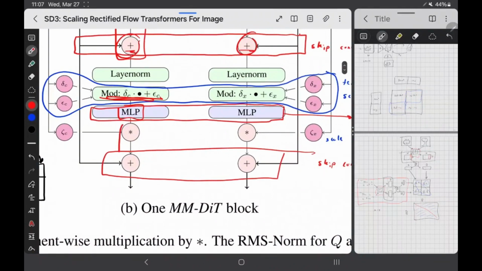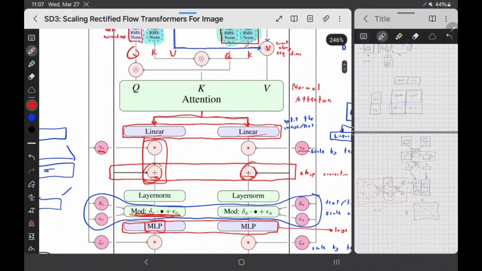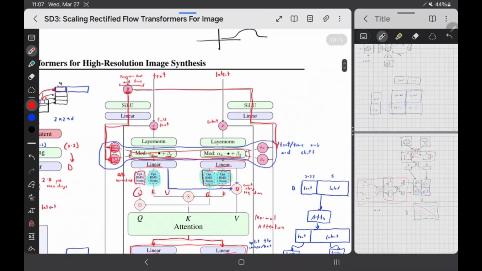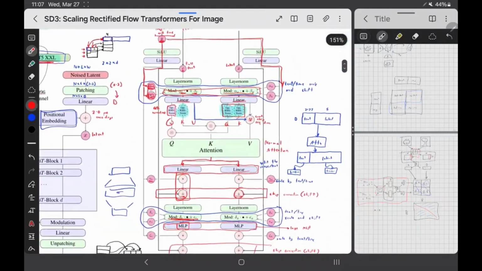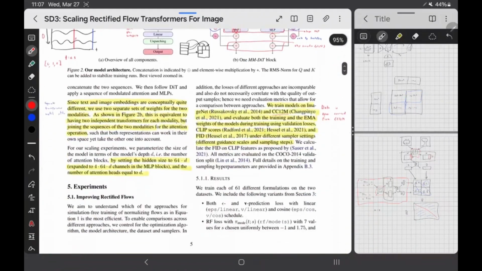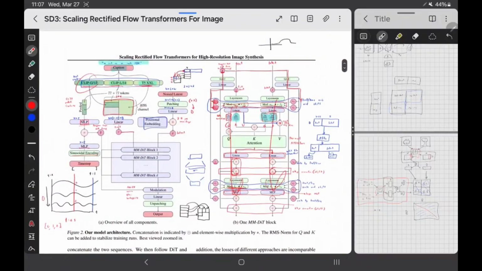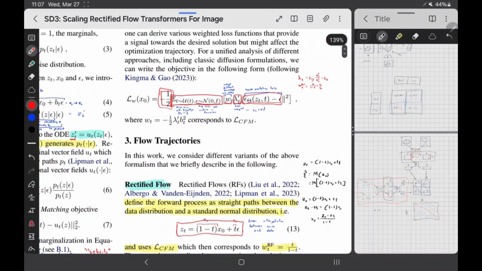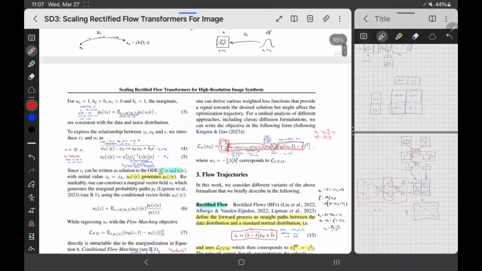You then have this scale and shift again, where this shift value is your skip connection. So that is the DiT block that they have. Basically two modalities flowing together and crossing via the attention mechanism. Now, this is basically the model, and the rectified flows are how they're doing the diffusion process.